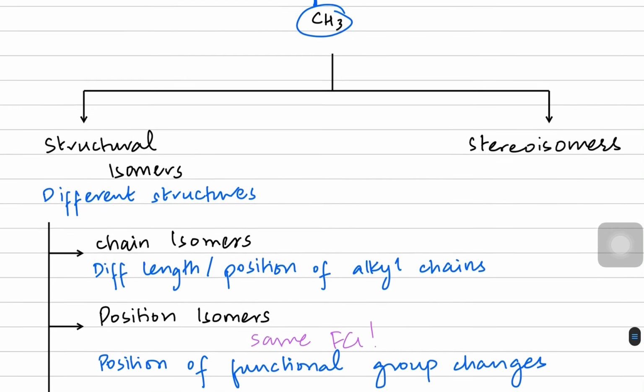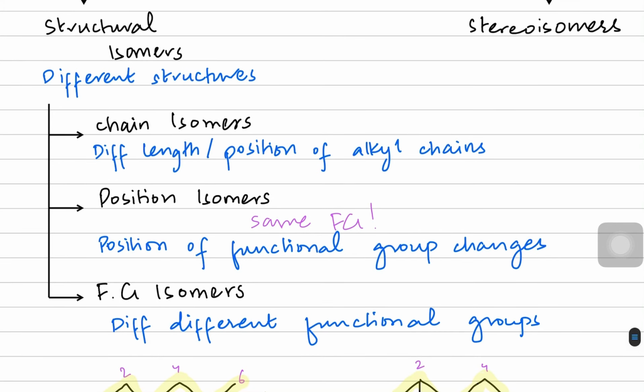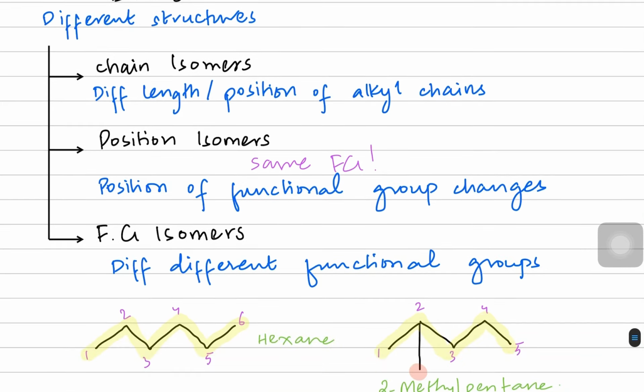We talked about the structural ones, including chain isomers, where the alkyl chains could be differently placed, or they could be different in lengths, which include methyl chains and mostly ethyl chains. Propyl or butyl chains were very rare. In position isomers, you have the same functional group in two compounds, like hydroxyl or halogen, but the positions would change.